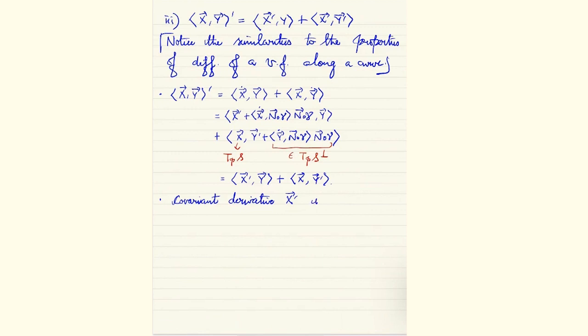So that is the secondary part, because the normal component is in some way measuring how your hypersurface sits inside the Euclidean space.